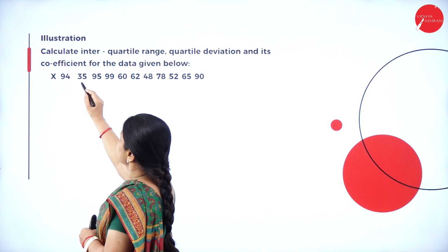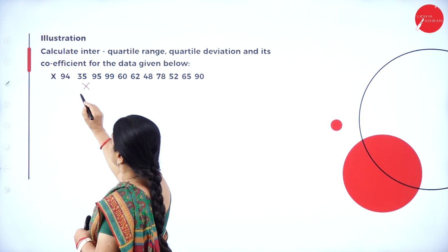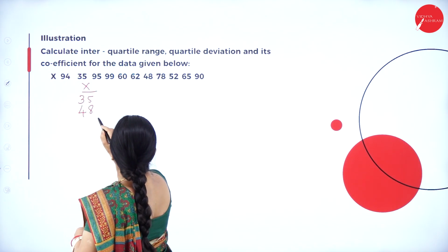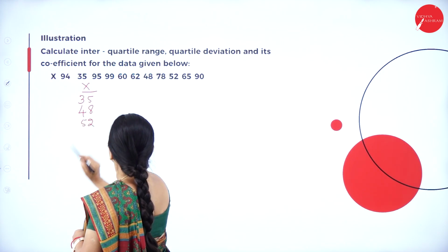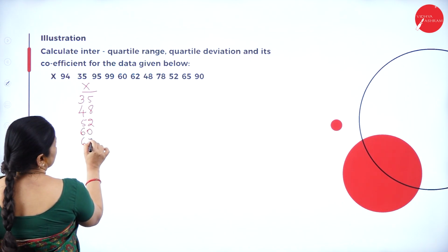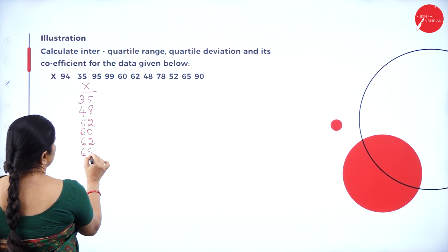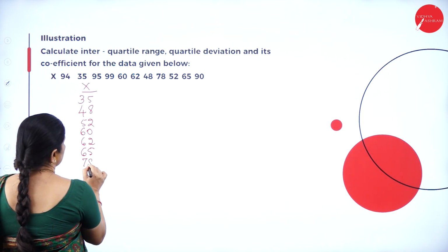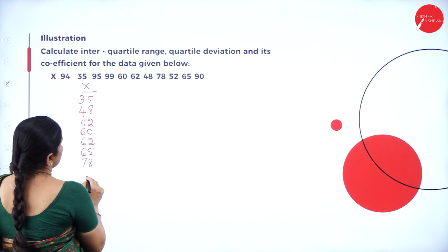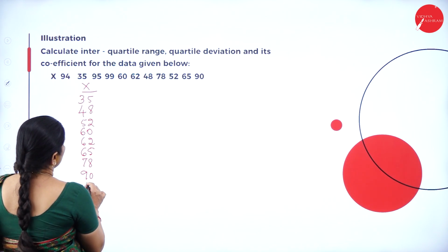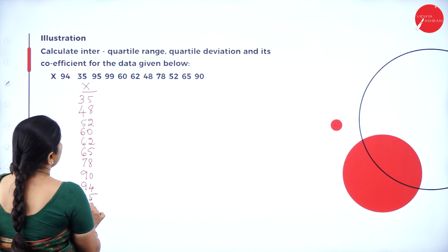So, I write x. Then what is the smallest number given here? 35, then 48, then 52, then 60, then 62, 65, then 78, then 90, then 94, 95, 99.